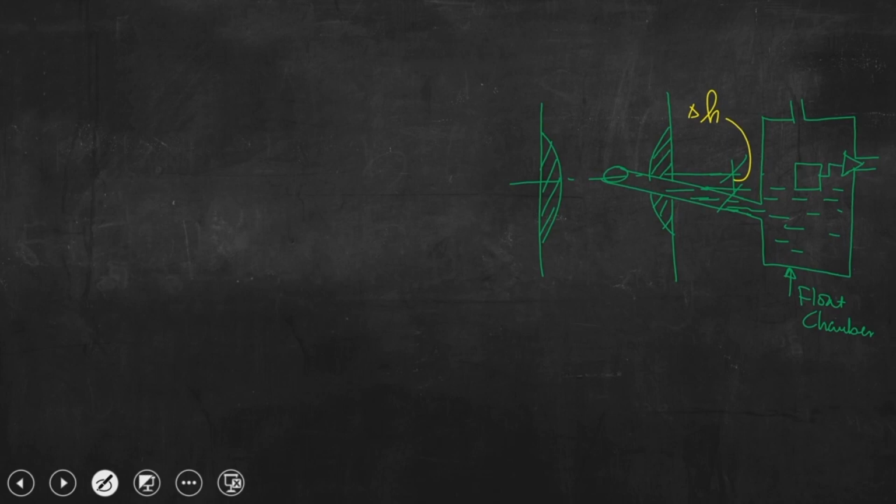Then this is section BB, and this is section AA again.